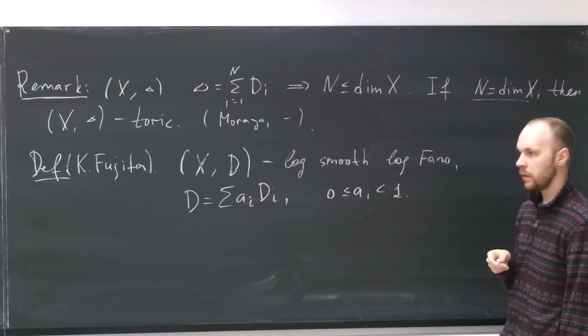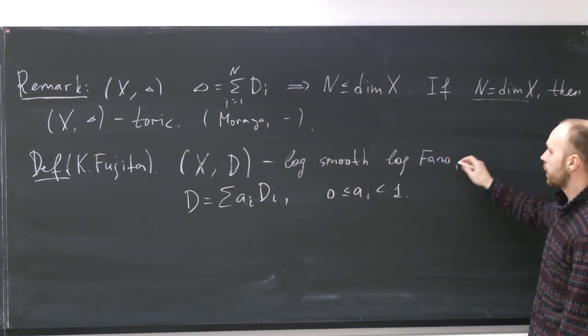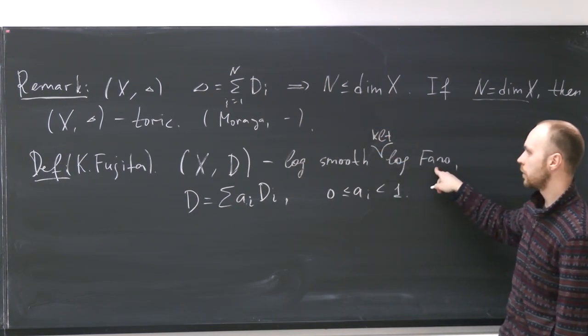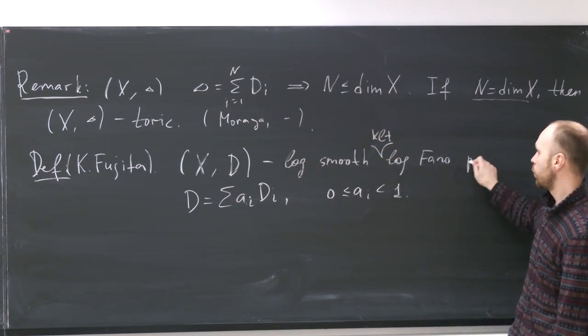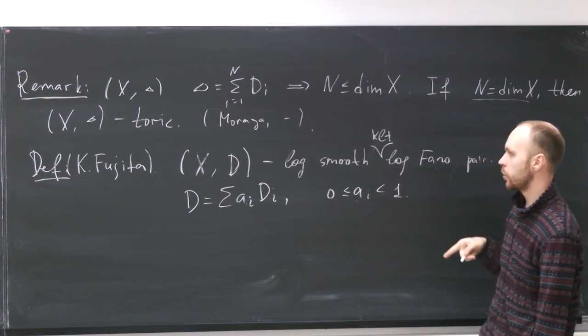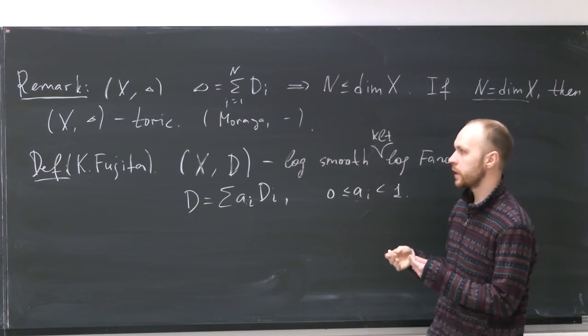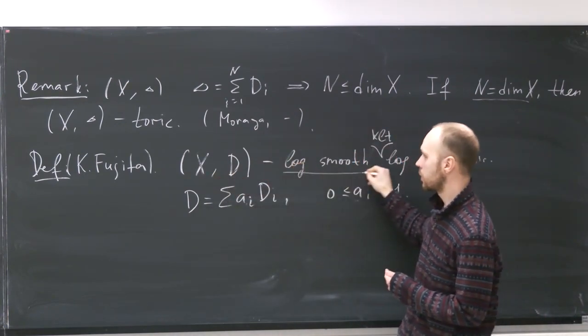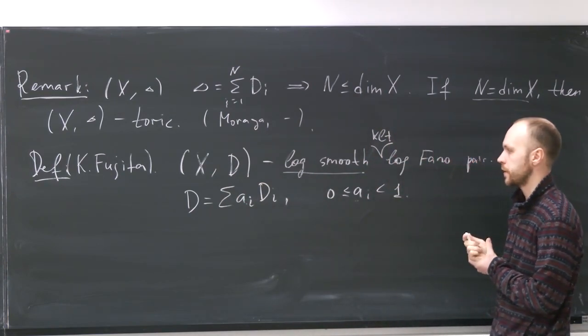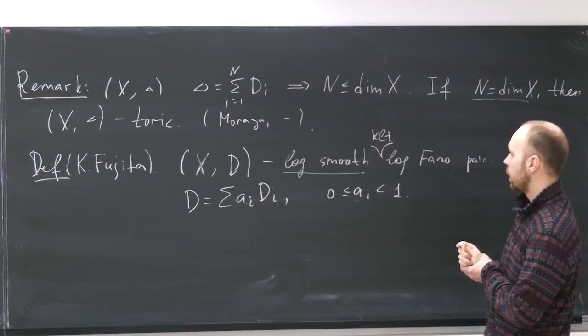So one can say that we consider a KLT log-Fano pair, which means that this coefficient is less than 1. And we also assume that X is smooth and the support of D has simple normal crossings. Okay? Then we say, yeah?